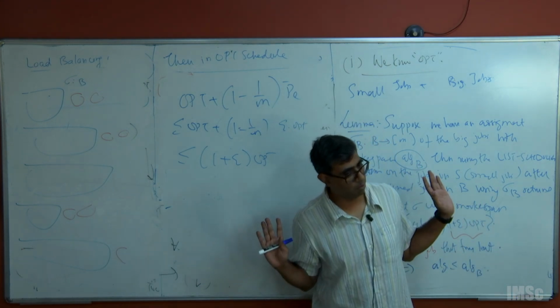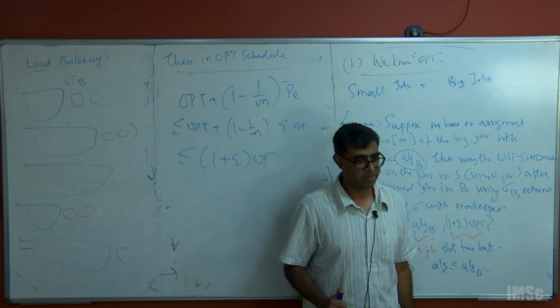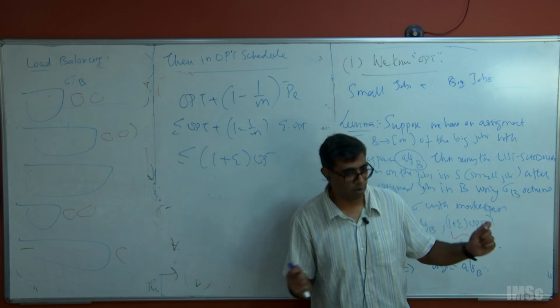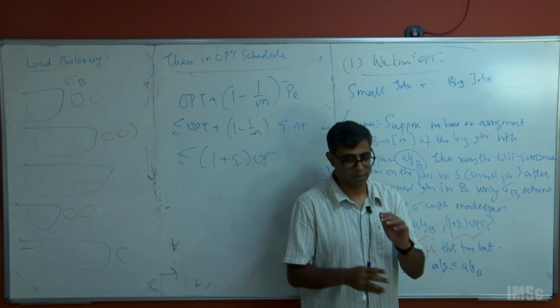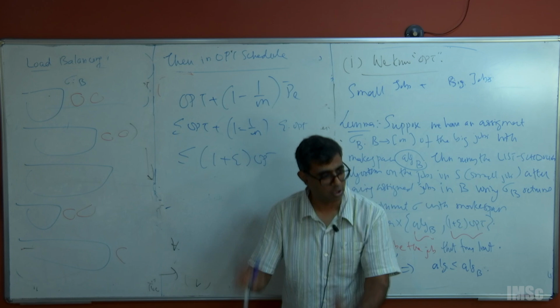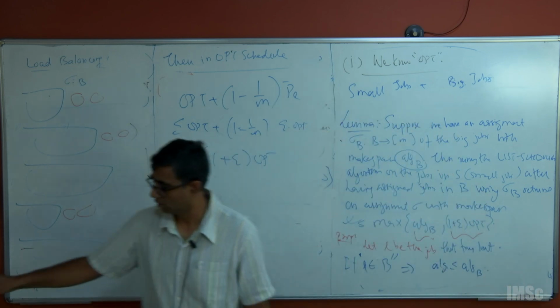So now we can concentrate on the big jobs. But to do the big jobs, it requires opt, right? Because my algorithm first does something on the big jobs, but to do that I need opt. I'll come to that.